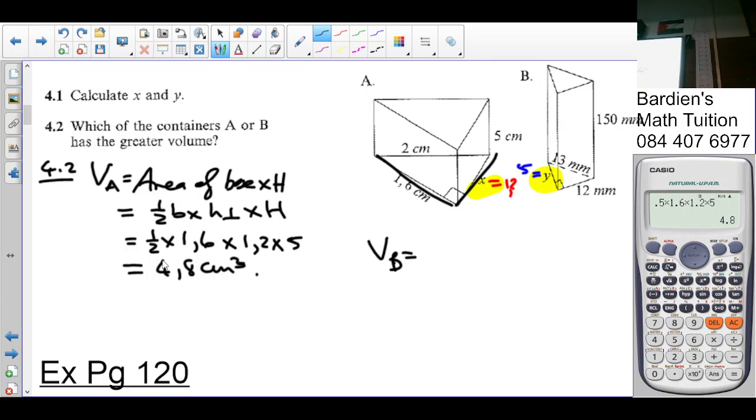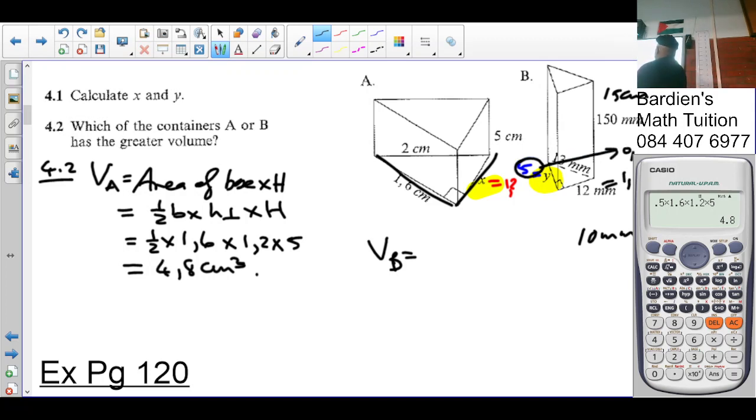Sorry about that. Let's look at B quickly. What do you notice here? This is in millimeters, this is in centimeters. So I must convert all to centimeters. Or I could have converted all the units of A to millimeters. It doesn't matter. So 150 gives you 15 centimeters. There are 10 millimeters in 1 centimeter. So that's going to give you 1.2, 0.5, and I don't need that, but that's 1.3.